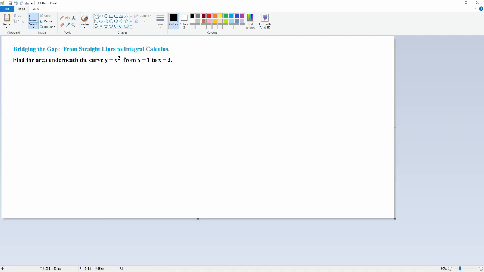Okay, let's have a look at a curve. Let's try and draw ourselves some axes. Okay, so we have a curve.